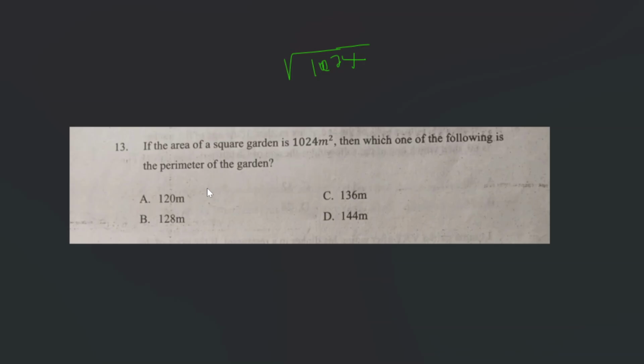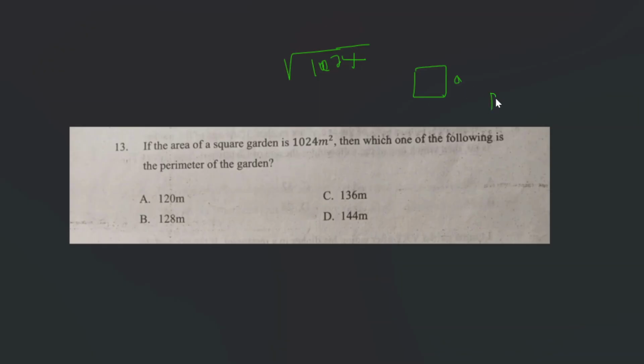Another alternative is you are given the perimeter of the square. Let's say, for example, you have this square. We assume all these sides are equal and every side is A, and area is actually A times A, right? But the perimeter is A plus A plus A plus A, which means 4A.